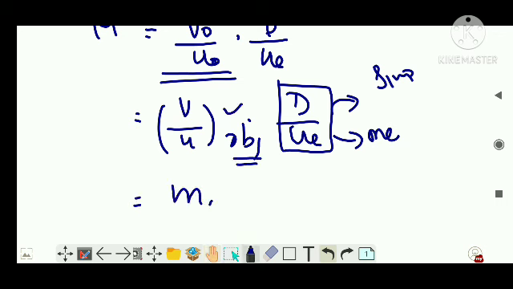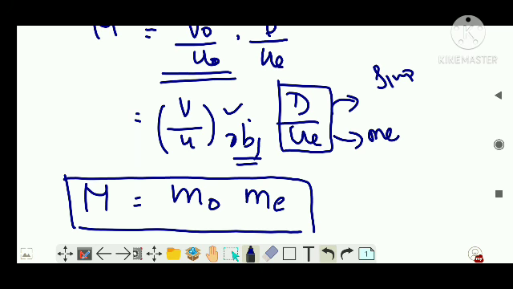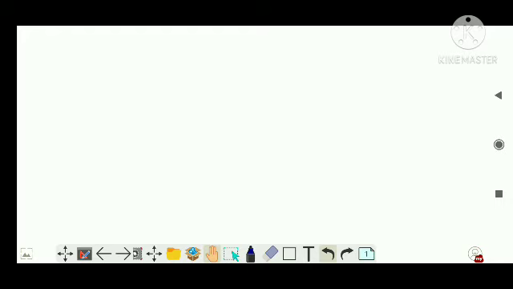This is for the objective lens, so it is MO, and this is ME. So the magnification of a compound microscope is equal to the magnification of the objective lens into the magnification of the eyepiece. Clear? Now, just like the case of our simple microscope, there are two conditions for a compound microscope, which are maximum magnification and minimum magnification.